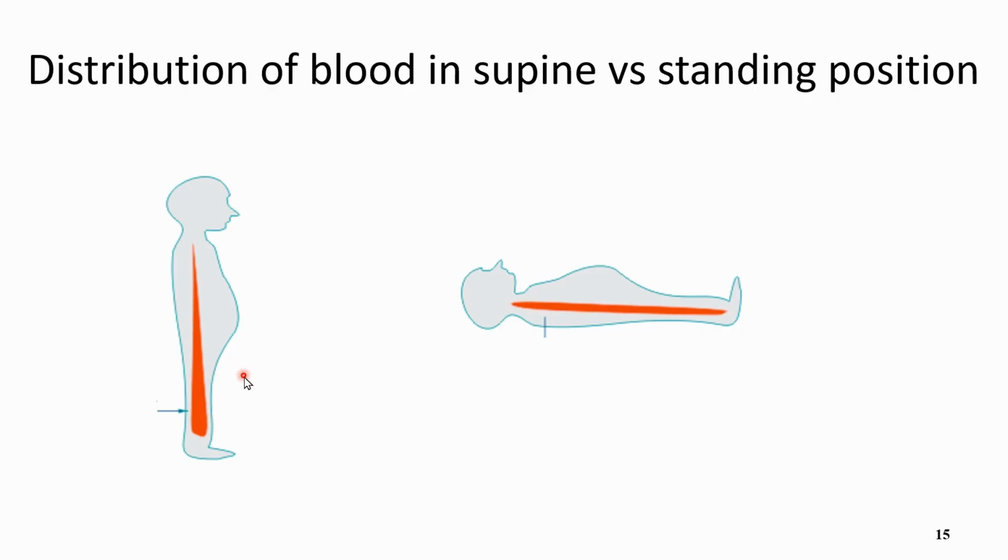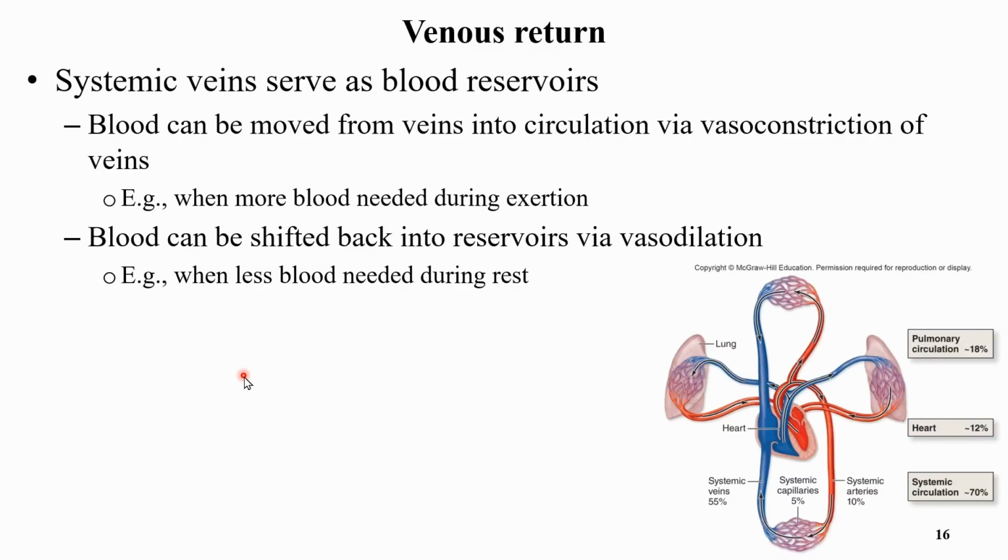If blood pools in the legs, there's going to be less blood returning to the heart, less venous return. If venous return decreases, ultimately cardiac output will decrease. The stroke volume will decrease, even if it is momentary.